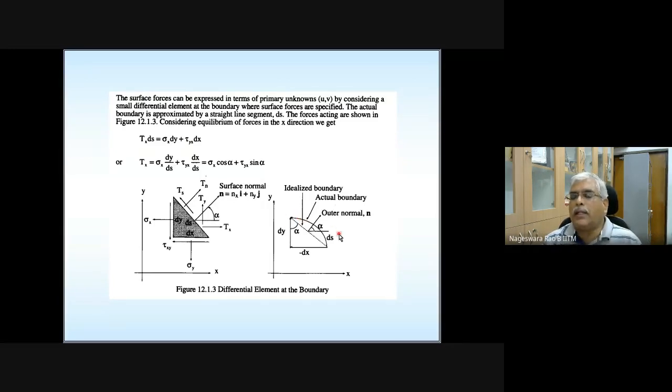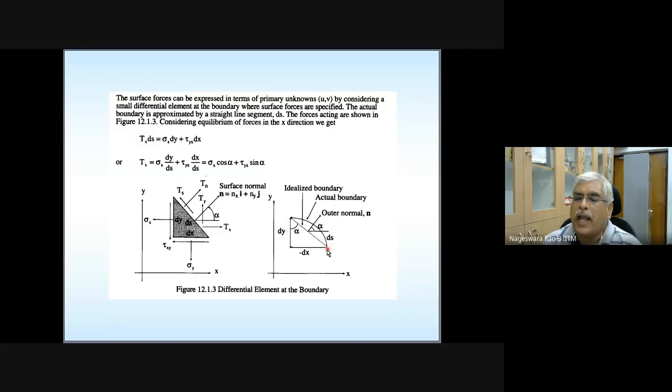While solving that problem, over a part of the boundary, you need to apply the forces. Over another part of the boundary, you need to apply displacement boundary conditions. Here we are talking about the part of the boundary over which you are applying the force boundary conditions, distributed load or pressure load, or it can be point load.